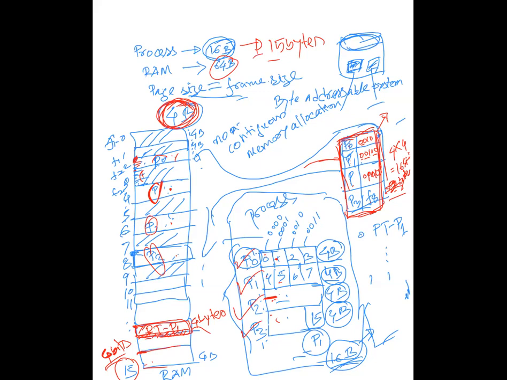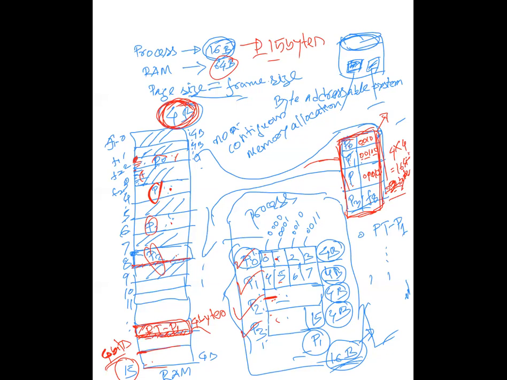So the last page of your process may suffer from internal fragmentation problems, but it is still not as severe as fixed partitioning systems. It is very small. Okay, so these are the 2 things you need to know about this.